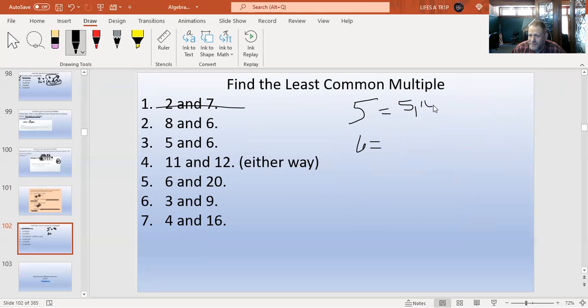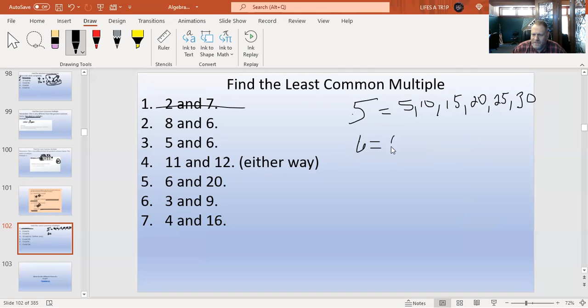So 5, 10, 15, 20, 25, 30. All right, let's stop there, because I know I'm secure by at least doing 5 times 6. I'm not saying that's the least common multiple, okay? But at least 5 times 6 I know will get me 30, right?